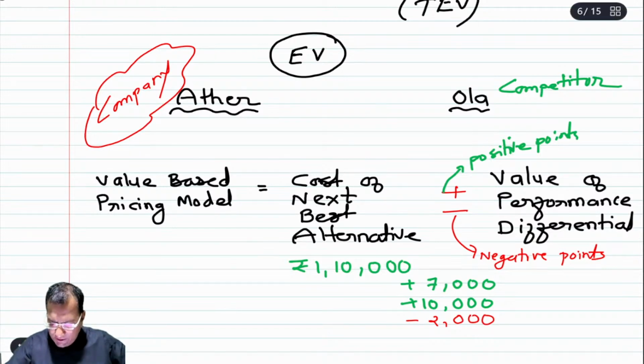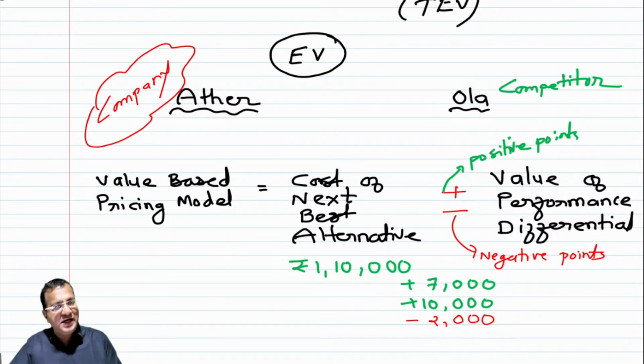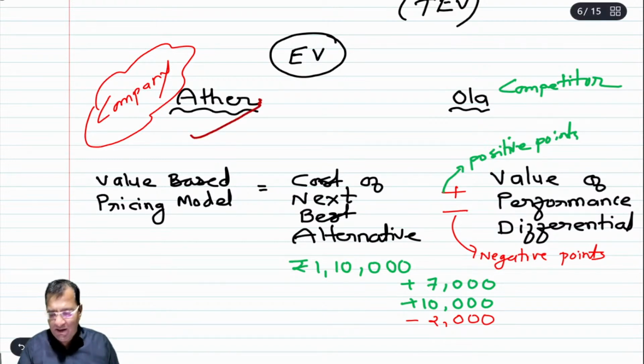The next point you can take, suppose Ather is providing free battery charging for only 6 months from your purchase, while Ola is providing free fast charging at a designated area for a period of 1 year. I am just providing 6 months of free charging at my dedicated fast charging area, while Ola is providing 1 year of free charging at its grid.